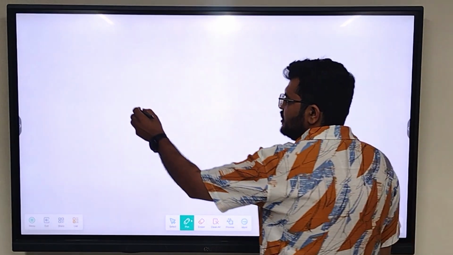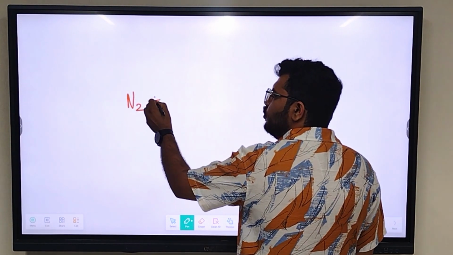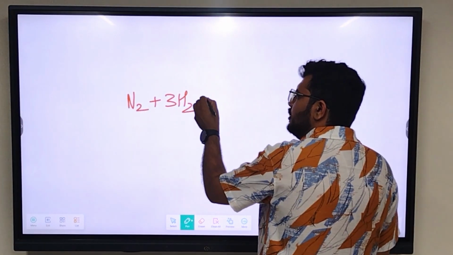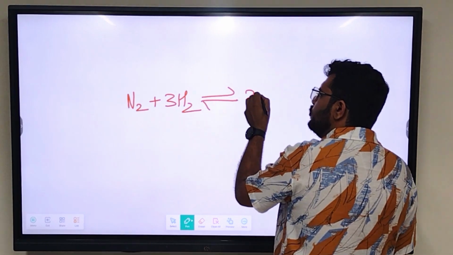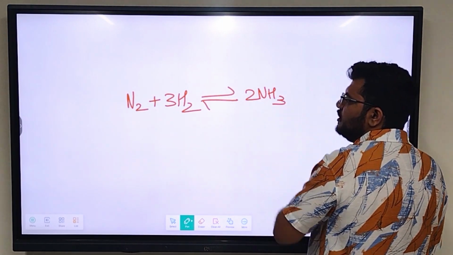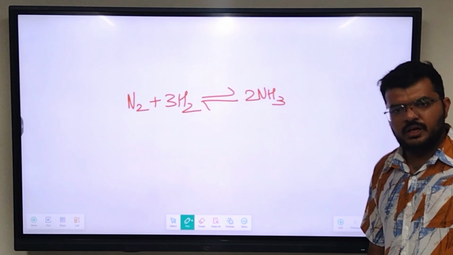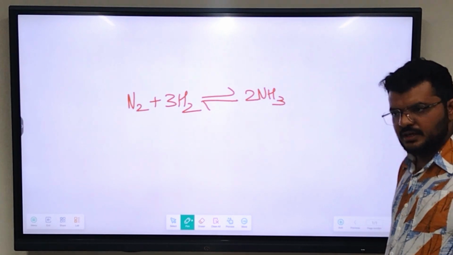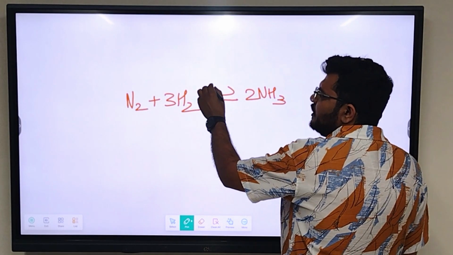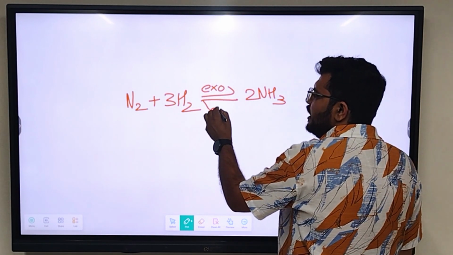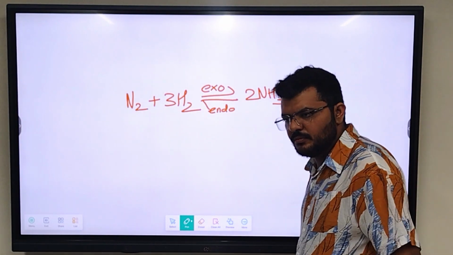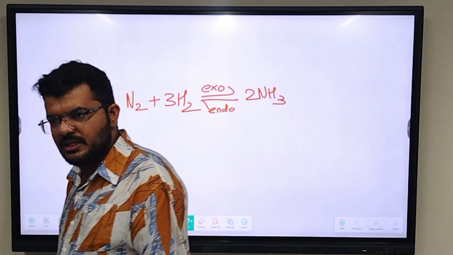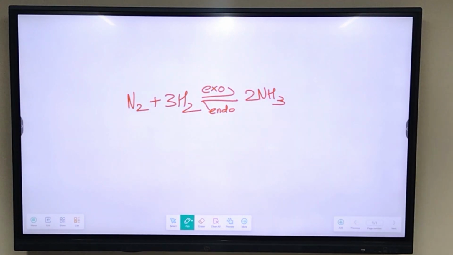The first reaction is the Haber process: N2 plus 3H2 reversibly gives 2NH3. As far as I remember, please check in the textbook, this should be exothermic and this should be endothermic. Does anyone have the textbook? Yes sir. Please check.